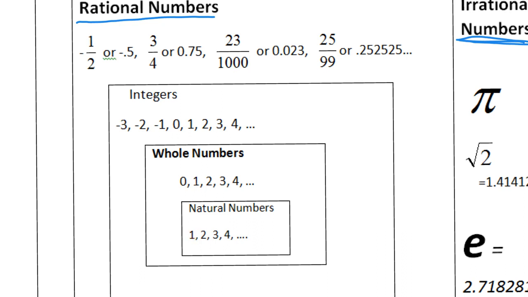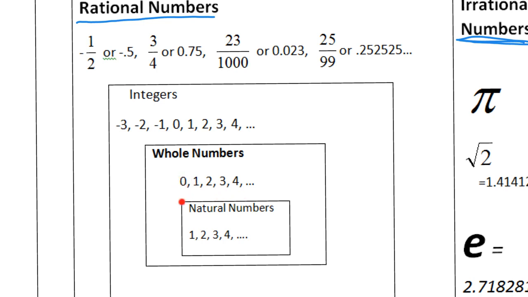When you go on to the next rectangle right here, now we have whole numbers. You already know what they are. A whole number includes the 0, and it keeps going to positive infinity. So the 1, the 2, the 3, the 4, the 5, the 6, the 7, and it keeps going, but it starts at 0. That is a whole number.